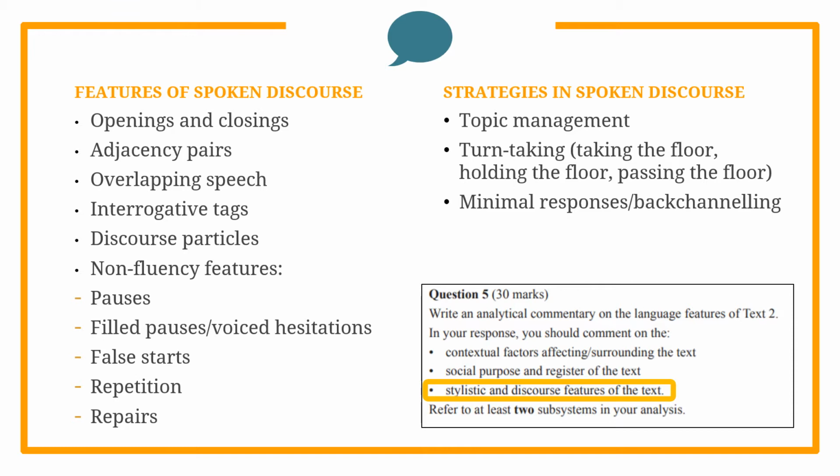But for the moment we're looking at spoken text. These are, for the most part, more relevant for informal spoken texts than formal ones. The strategies can be used to analyse a formal spoken text if it's like a dialogue or something, but for the most part you're going to be using these to analyse informal ones.